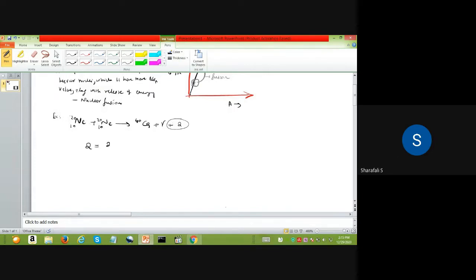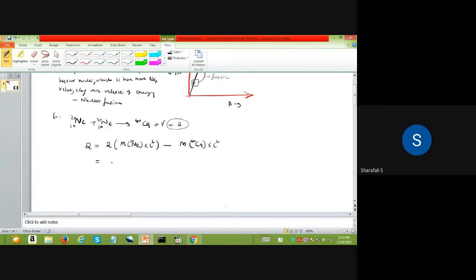This is the total energy associated with the neon nucleus. There are 2 nuclei, so that's why I put 2, and this has to be subtracted from the mass of the calcium-40 nucleus multiplied by c square.